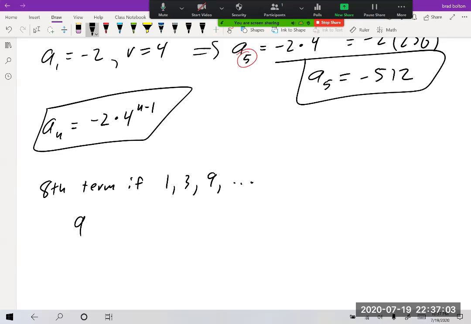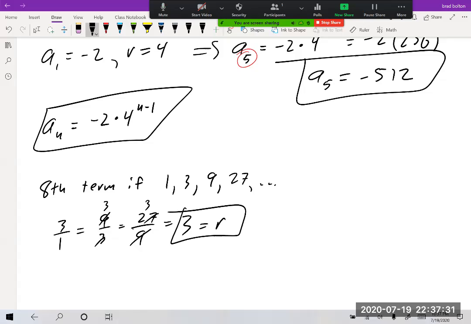So we're going to find 3 divided by 1, that better equal 9 divided by 3, that better equal 27 divided by 9. So this will be 3, this will be 3, and this is 3. So 3 equals r. So we're good.